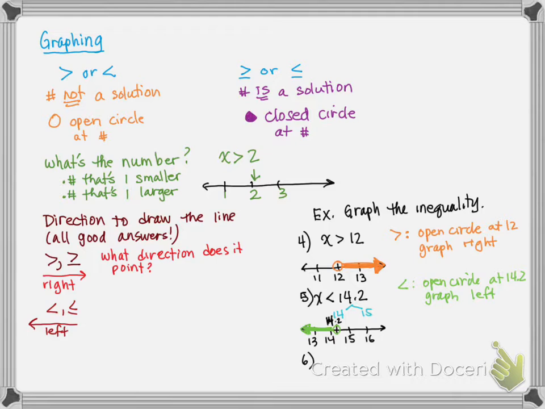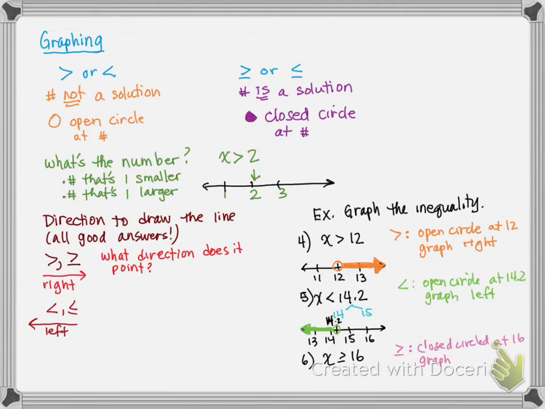Number 6, we have x is greater than or equal to 16. So let's see what we get for this one. Greater than or equal to, it has the or equal to, so it's going to be a closed circle at 16. What this is saying is that 16 is actually a solution. Okay. And then we are going to look at the direction it's pointing, and it's pointing to the right, so we're going to graph right.